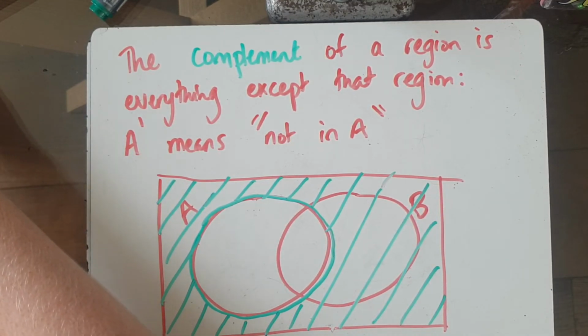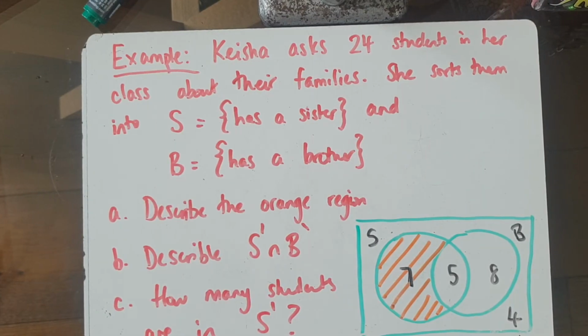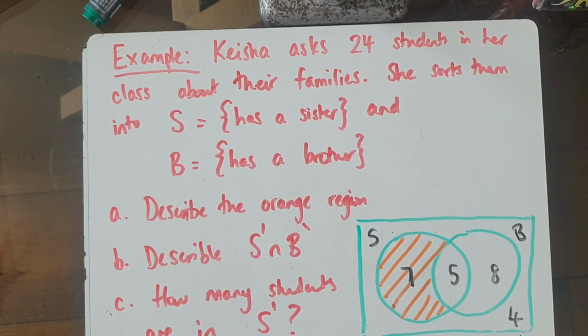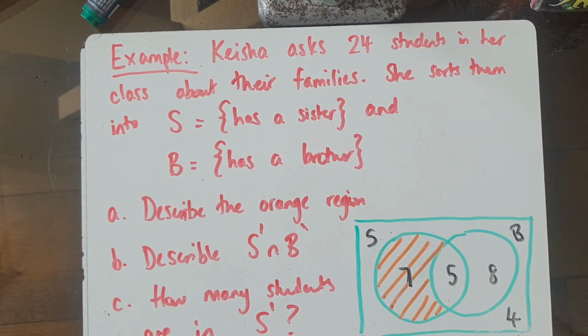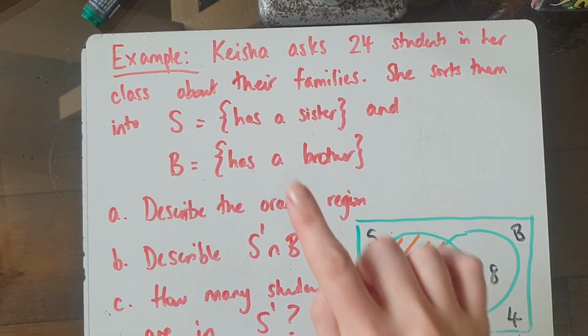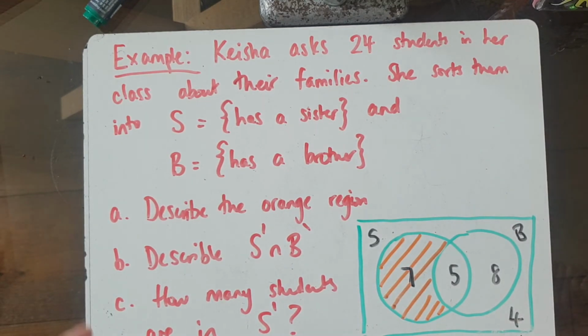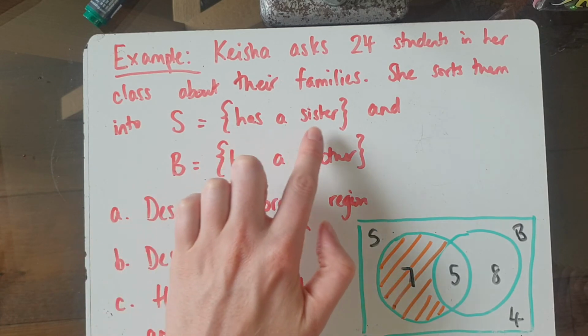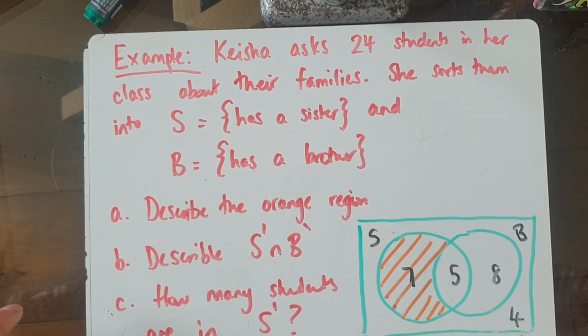And now we've just got an example to do. So here is the example that we're going to do. So can you pause the video and copy this out, please? So Keisha asks 24 students in her class about their families. She sorts them into S, which means the student has a sister, B, which means the student has a brother.